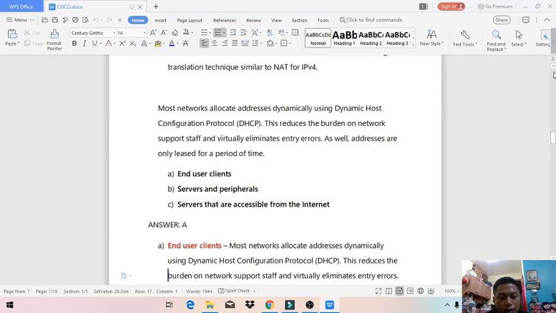Most networks allocate addresses dynamically using Dynamic Host Configuration Protocol, or DHCP. This reduces the burden on network support staff and virtually eliminates entry errors as well. Addresses are only leased for a period of time. So the correct answer is letter A, end user clients.